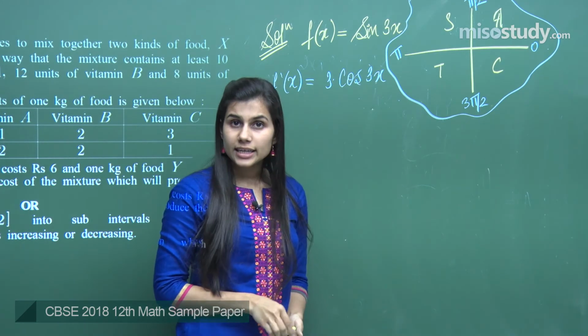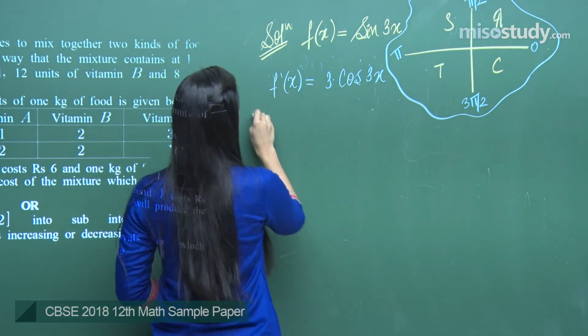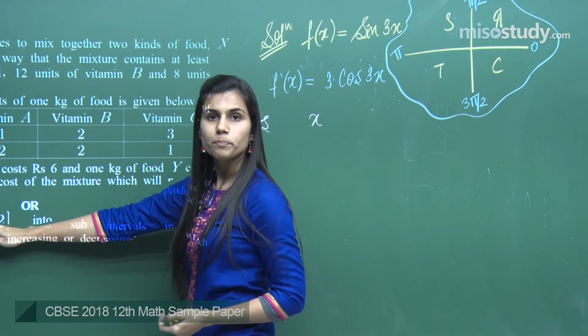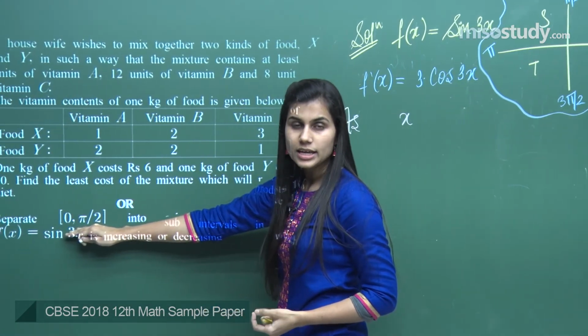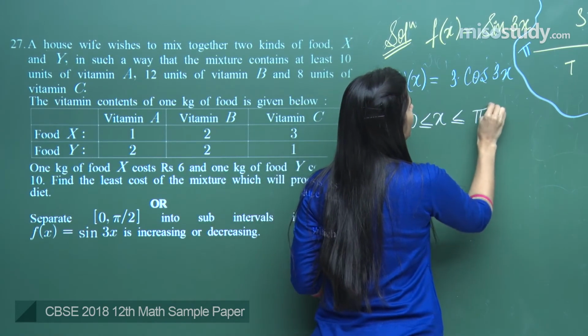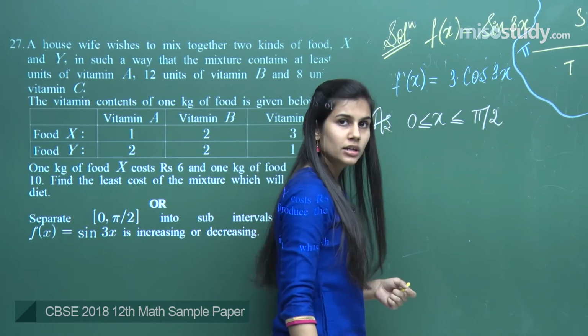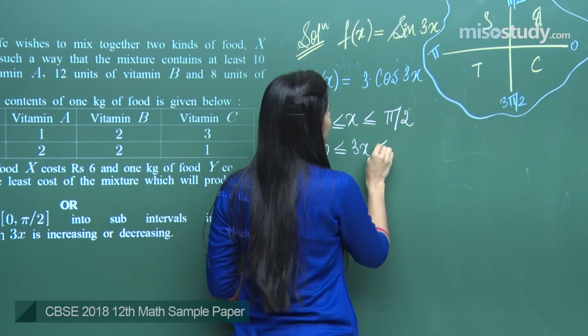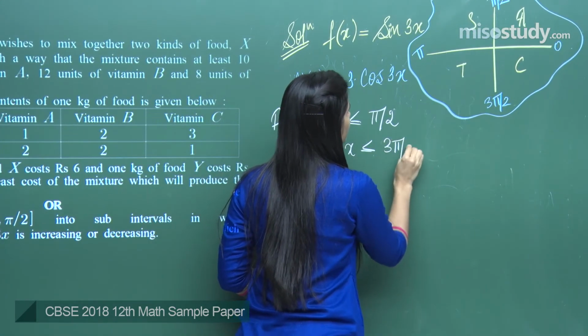So, once this is clear, I know that if my x is allowed to come from 0 to pi by 2 closed interval, that means x is greater than equal to 0, less than equal to pi by 2. So 3x is greater than equal to 3 times 0, less than equal to 3 pi by 2.